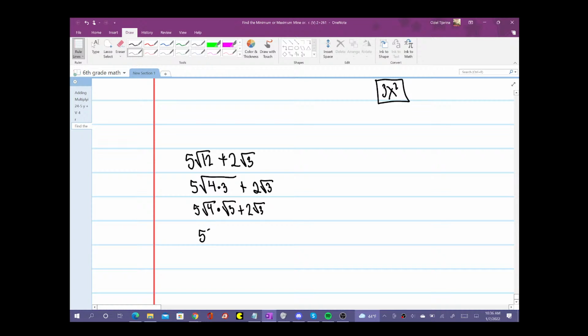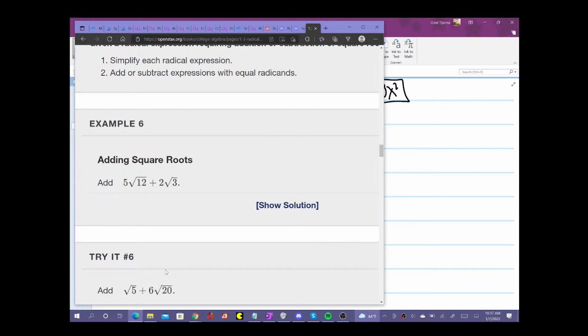This becomes 5 times 2, because that's what the square root of 4 is, times the square root of 3 plus 2 square root 3. This becomes 10 square root 3 plus 2 square root 3, which is 12 square root 3. That's basically how you simplify that. We must understand how to simplify square roots before we can get into really complicated algebra.